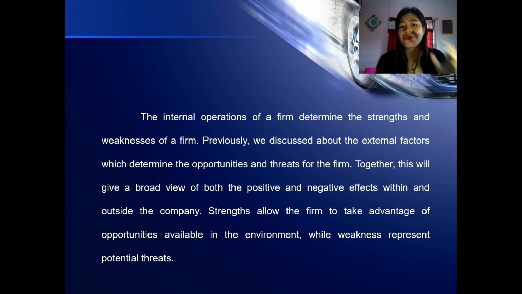Strengths allow the firm to take advantage of opportunities, and internal assessment allows the firm to determine its weaknesses and safeguard them or do something about it.